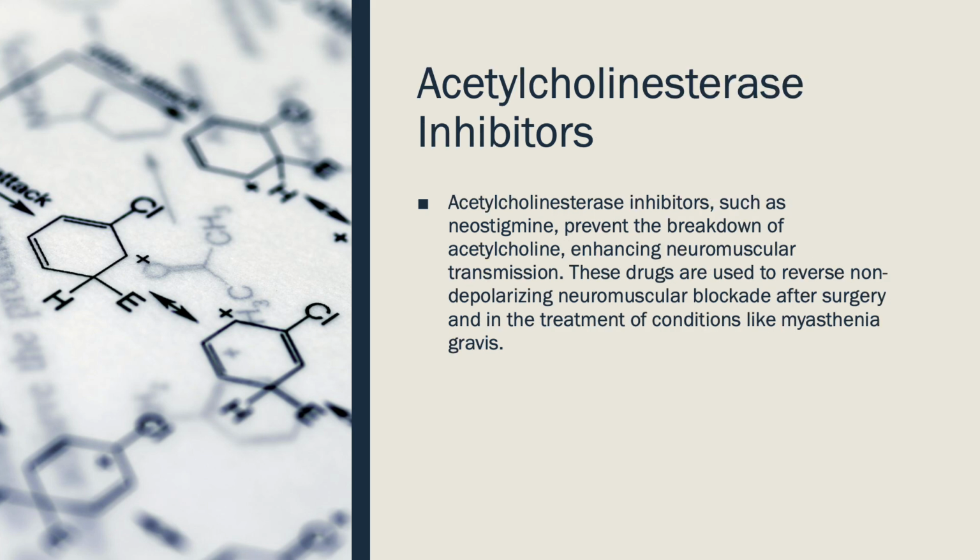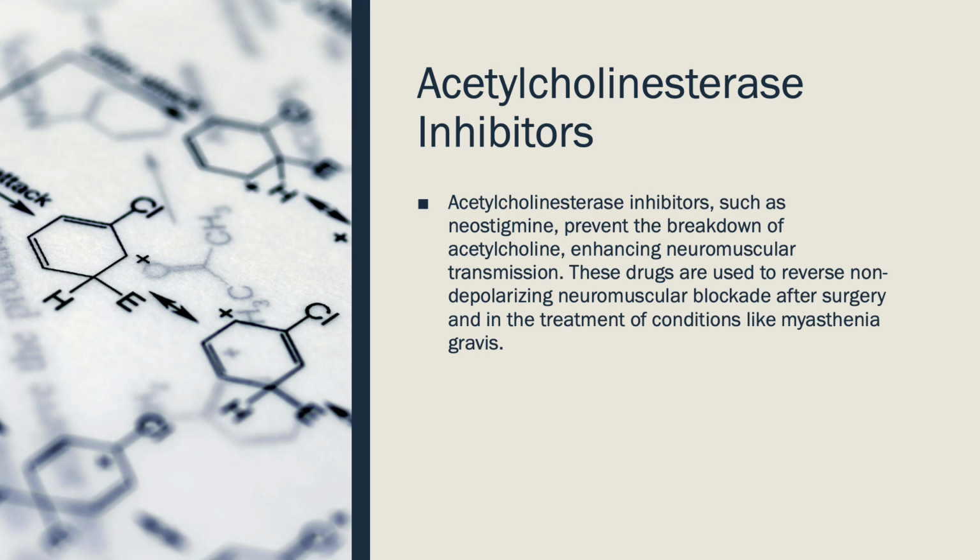Acetylcholinesterase inhibitors like neostigmine block the action of acetylcholinesterase, and this leads to a buildup of acetylcholine. When you get this increased concentration, this will enhance neuromuscular transmission by prolonging its action on our nicotinic receptors at the neuromuscular junction. These are commonly used to reverse our non-depolarizers like ROC and VEC, cisatracurium, atracurium, to restore normal muscle functioning.